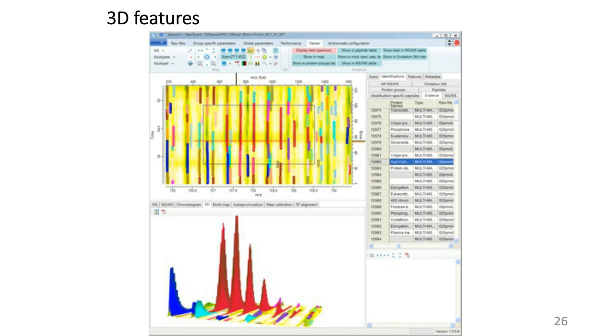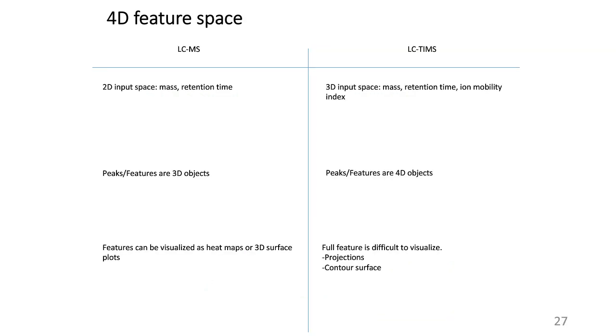So here you see now a comparison between, on the left side, conventional LC-MS data, and on the right side of the table, the LC-TIMS ion mobility enhanced data. As I already explained in the previous slide, we have a two-dimensional input space which is spanned by the mass, or mass divided by charge, and the retention time. And this is now going to be transformed into a three-dimensional input space.